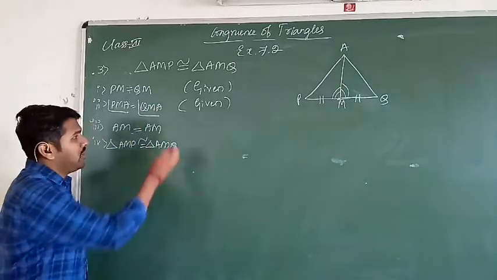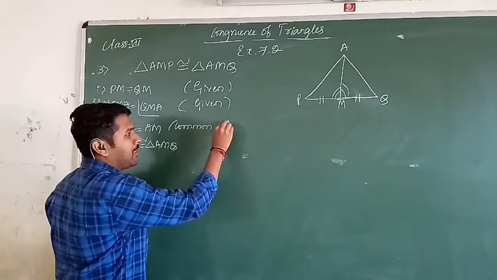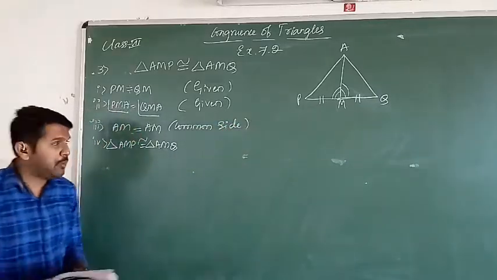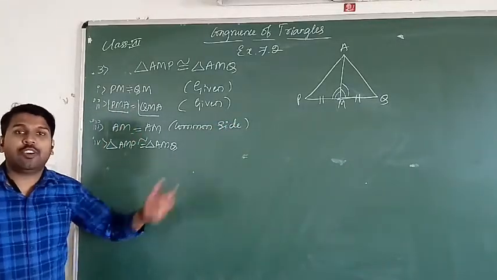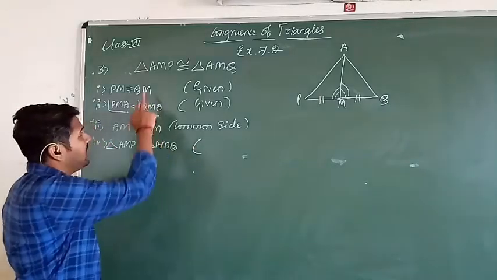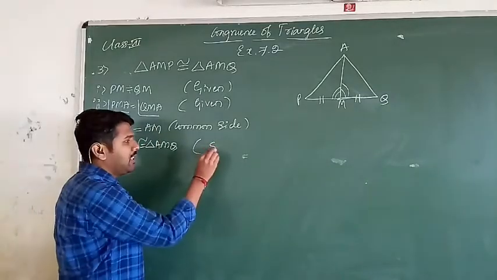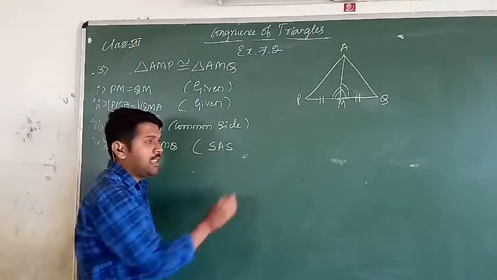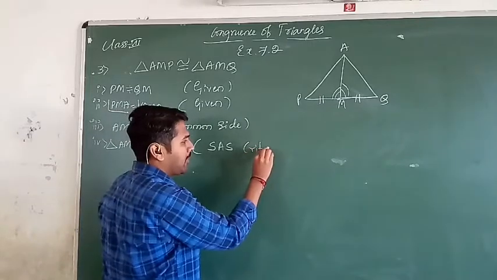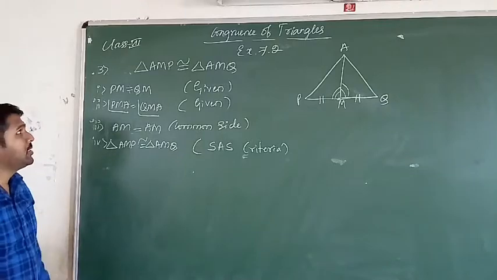Reason: common side. And they have given that these two triangles are congruent. By which criteria? One side, one angle, another side. That means two sides and one angle, that is SAS criteria. So this is third one.